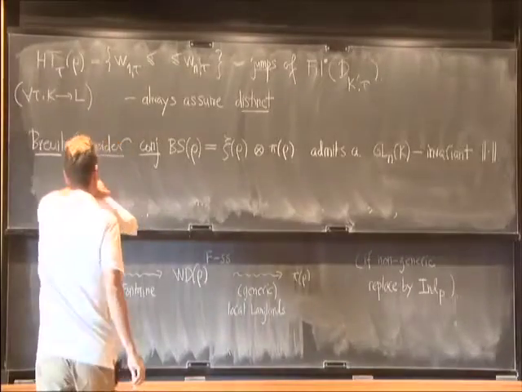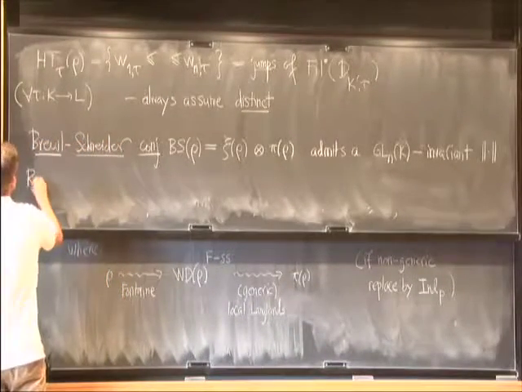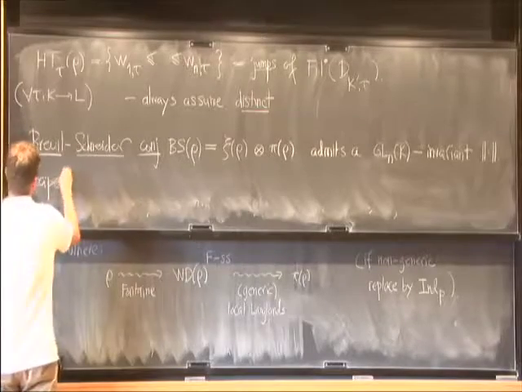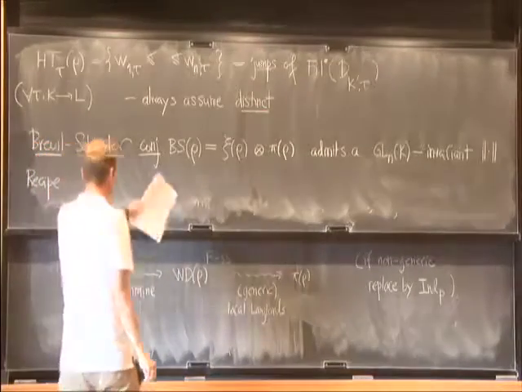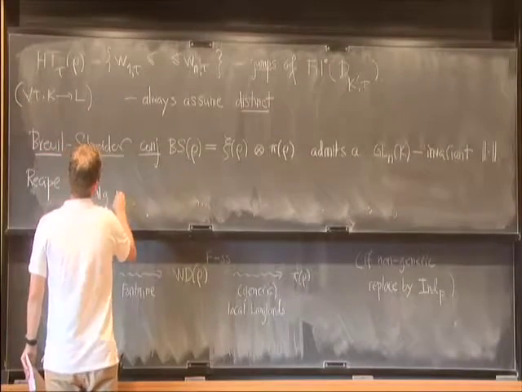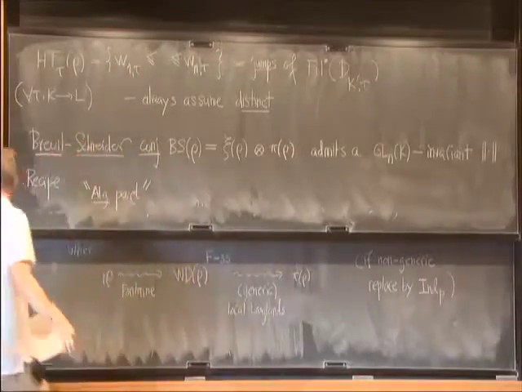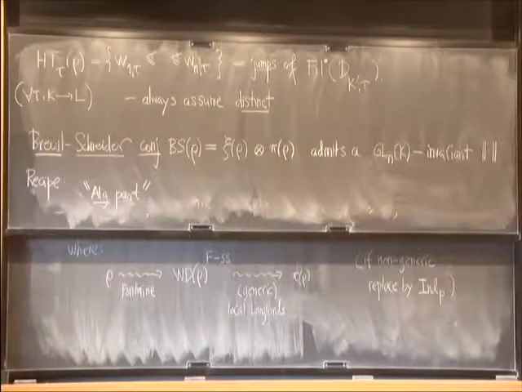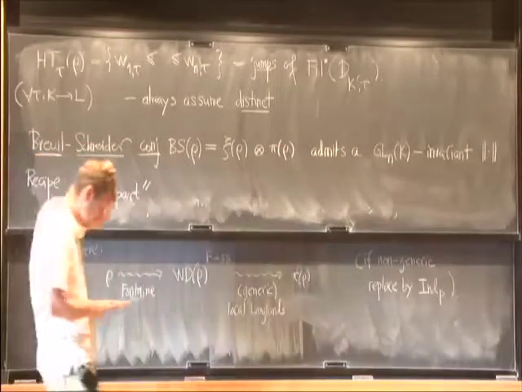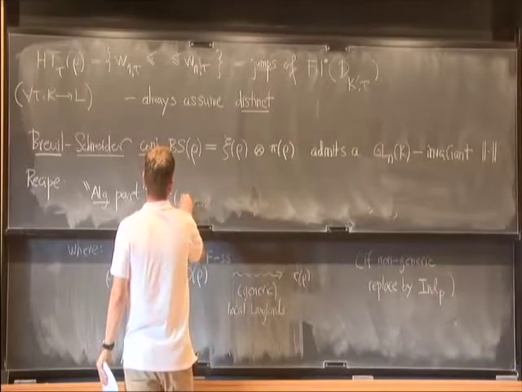So how do you define this? So what's the recipe? So the algebraic part is just by mimicking how you go from Hodge-Tate weights to the highest weight. So how do you define psi of rho?